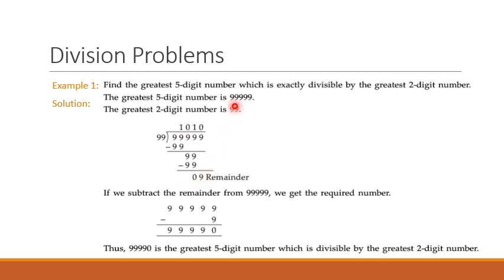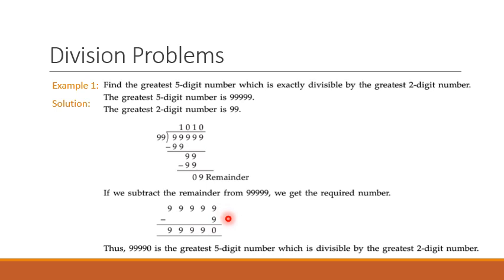That means the greatest 5-digit number 99,999 is not exactly divisible by 99. Now to find a number which is exactly divisible by 99, what we do? We subtract the remainder from the highest 5-digit number.